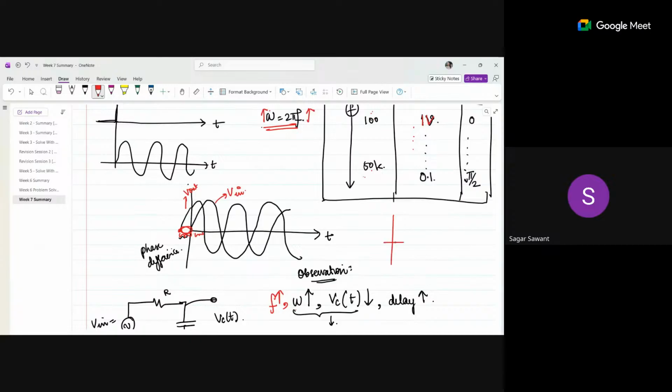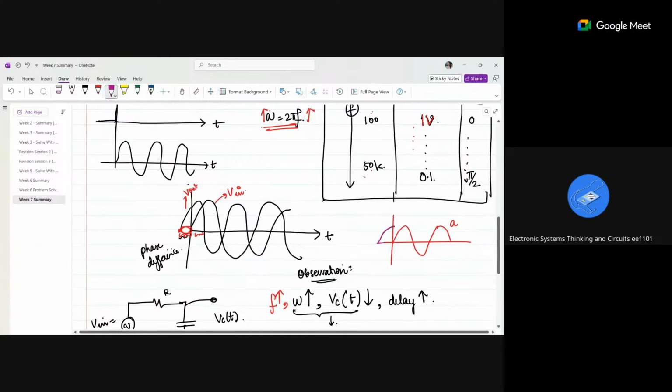Okay, got it. If it is like this, this is wave A. I am giving you another wave, which is like this, B. Here, A is lagging behind B, and B is leading A. Because at time t equal to 0, when A is at 0, B has already completed some of its waveform.